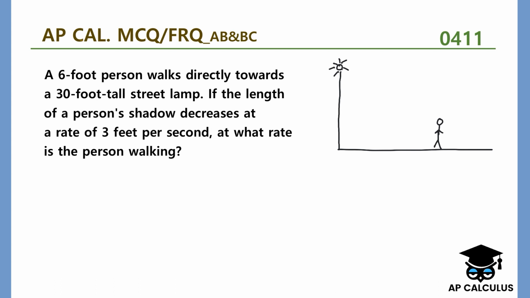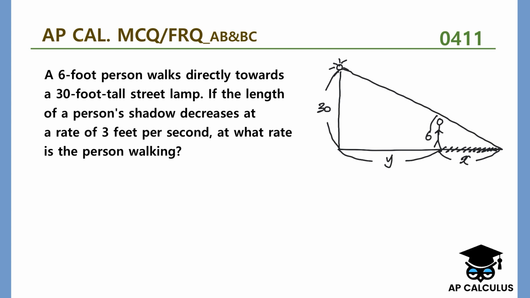Okay, so we'll have a shadow right here, right? I'm gonna let this shadow be x, okay? And let the distance between the lamp and the person be y. Okay, so this is 30 foot. The person is a 6, right?